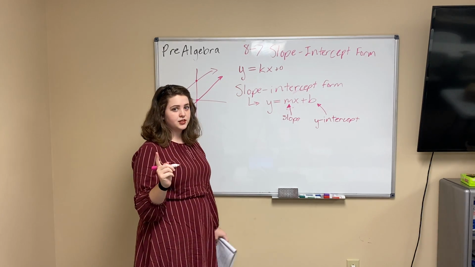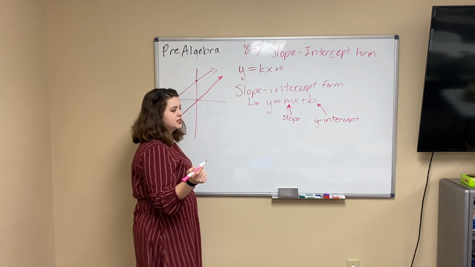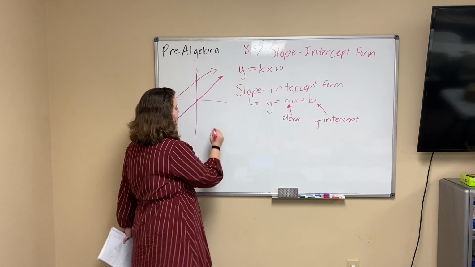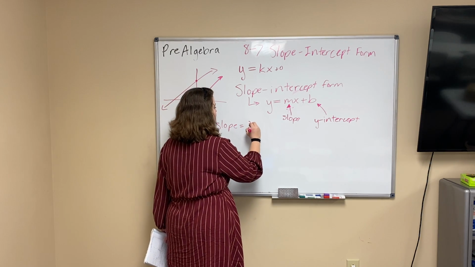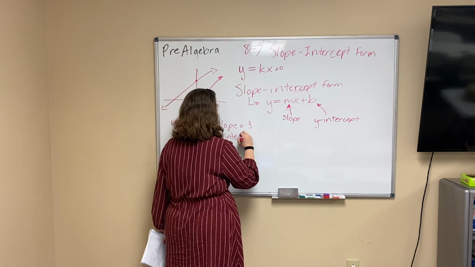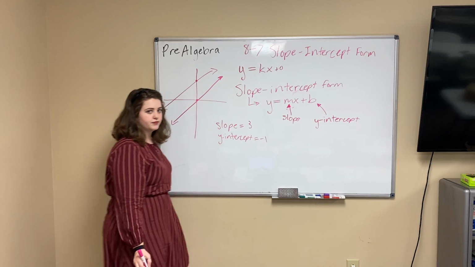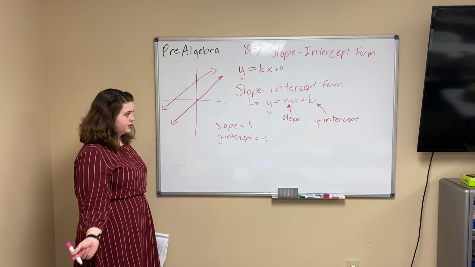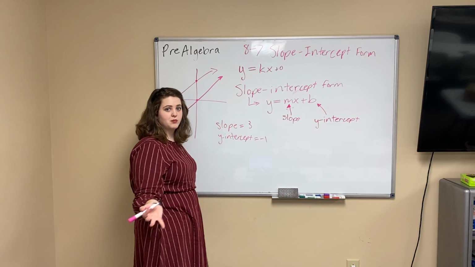Part of what you'll need to know for your homework is, A, if I just told you, write an equation in slope-intercept form for a line that has a slope of 3 and a y-intercept of -1. What you're going to do is take these numbers and put them into this equation in the right places.